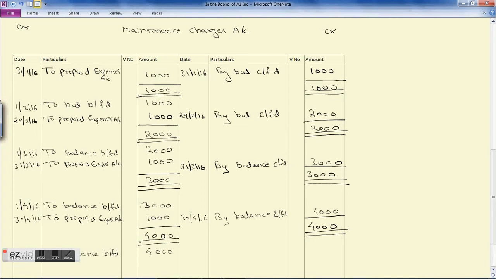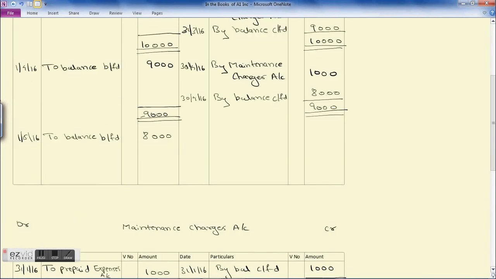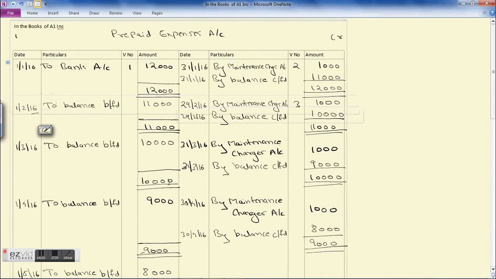So if you think logically, the maintenance charges till the month of say May, that is 30th April, should be how much? See, every month the maintenance charges is 1000. So 1000 into 4, that is 4000. The same is balance brought forward, which is shown here. Okay. So this is how the entry is been posted in the ledger accounts.